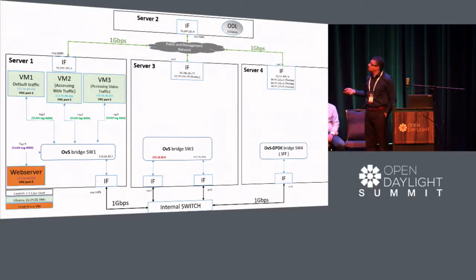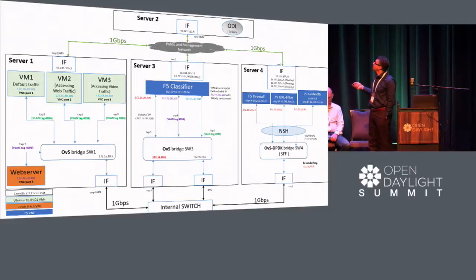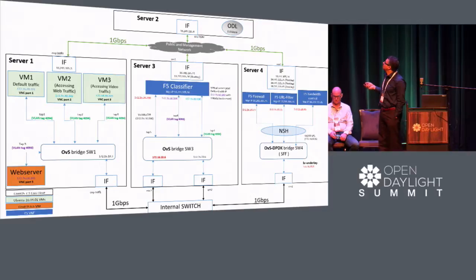I want to call out that the user VMs are on a different VLAN than the web server. You can see here the VLAN tag is 4094 versus the web server being 4093. We have the classifier in server 3, and we have the 3 NSH-enabled VNFs from F5 on server 4.